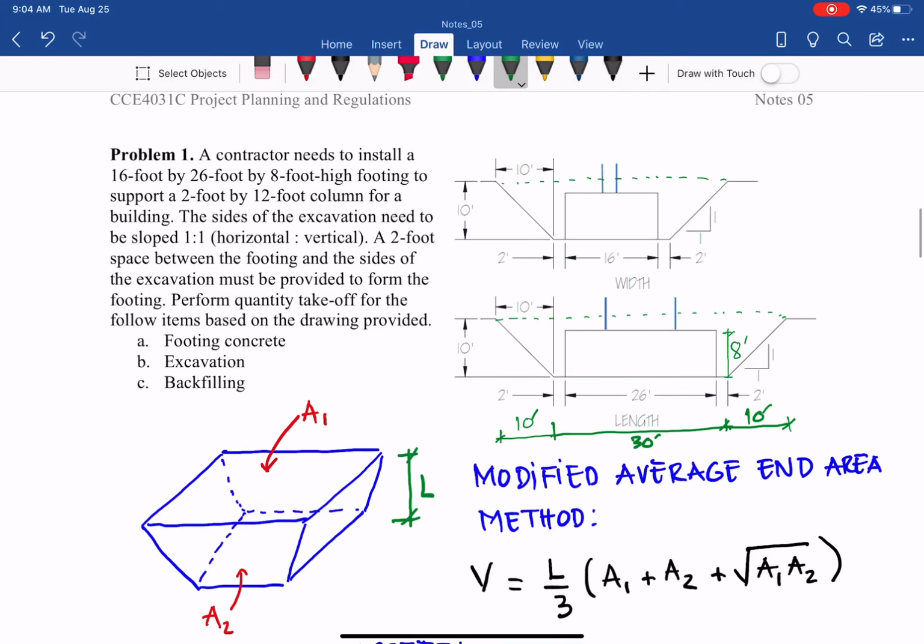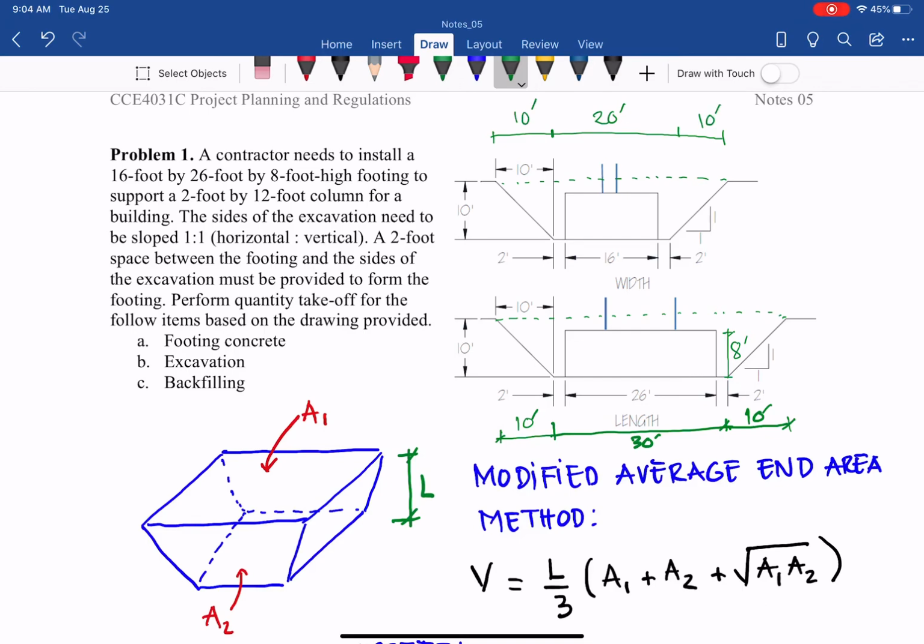Similarly, the other side, the top one, you will have 16 plus 2, so this is 20 feet, and then both sides also 10 and 10.